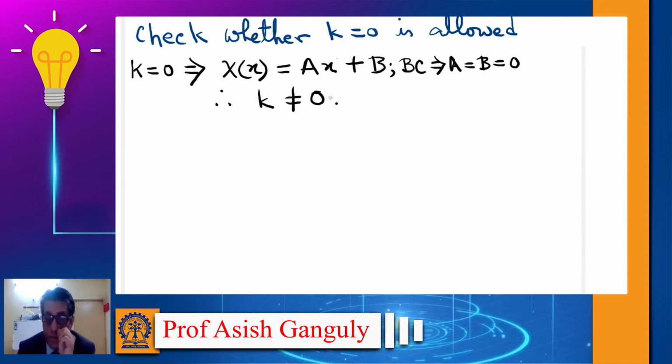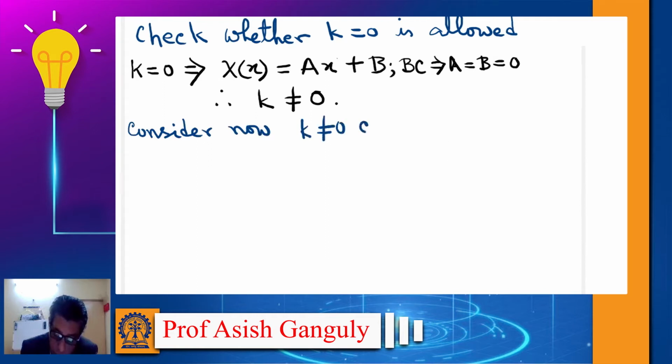But still you do not know whether k is real or not real, maybe complex. We have to find it. So consider now the k not equal to 0 case.